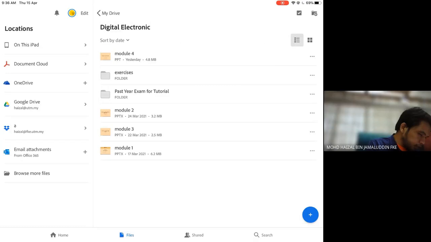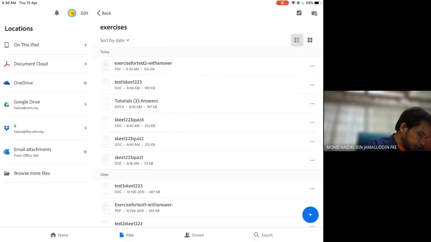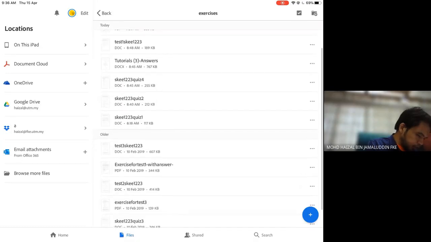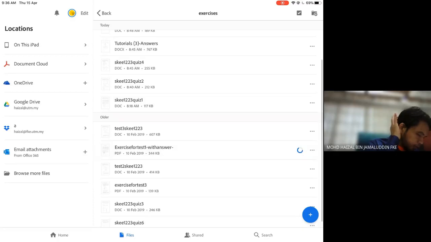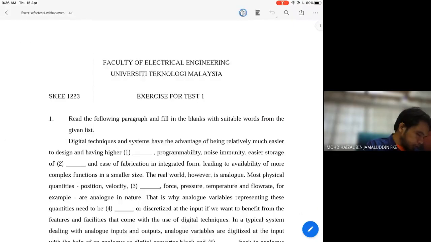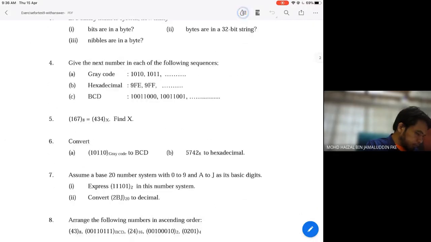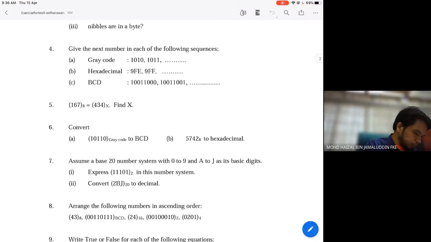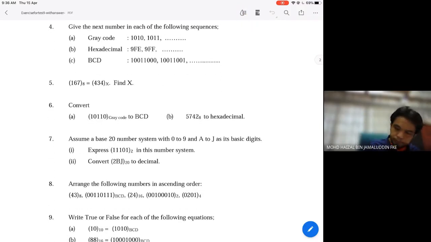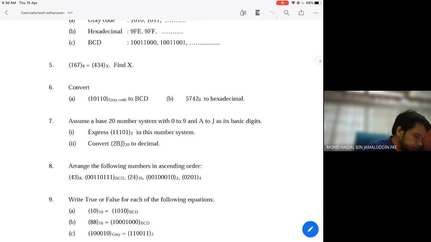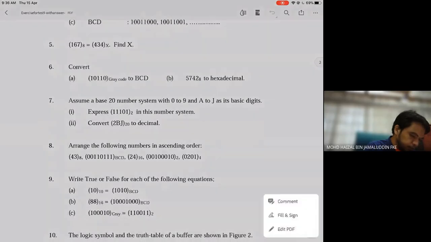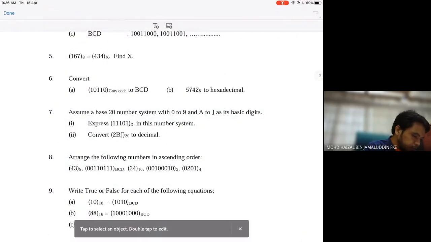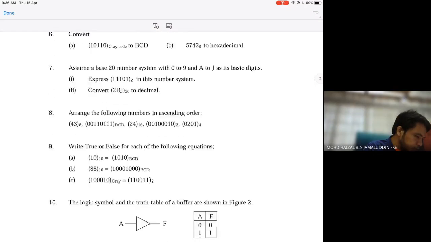Okay, digital electronics exercise. Okay, exercise for test 1 rupanya dah ada answer. Okay, right now you should already do the exercise. Kenapa dia tak boleh edit?